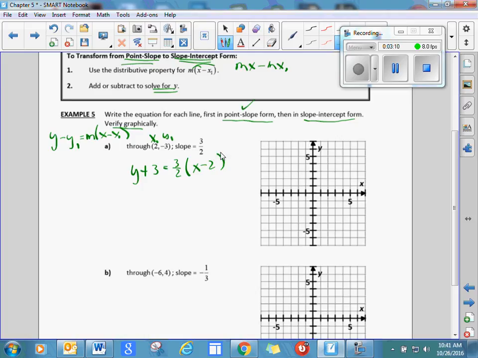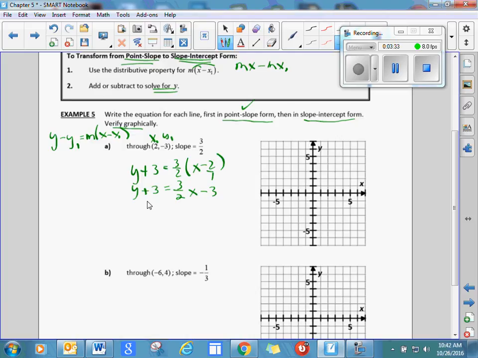Now we need to distribute the slope to each piece that's inside the grouping symbol. So y plus 3 hangs out on this side, and we get 3 over 2 x minus, and that's like 2 over 1. The 2's cancel, and you end up with just minus 3. Okay, so we've done the distribution, and now it says solve for y.